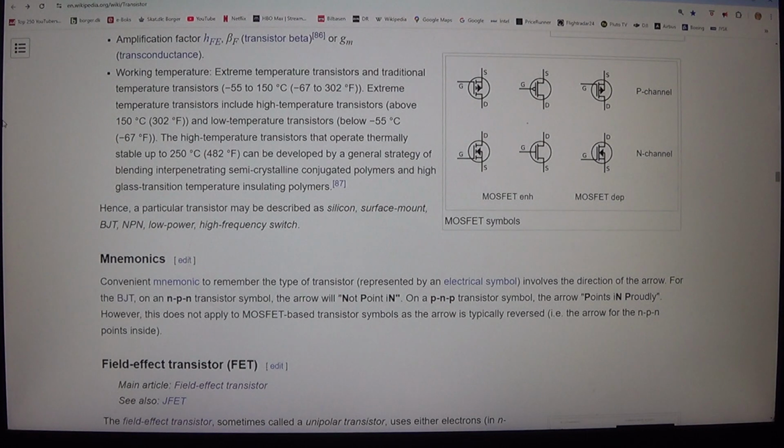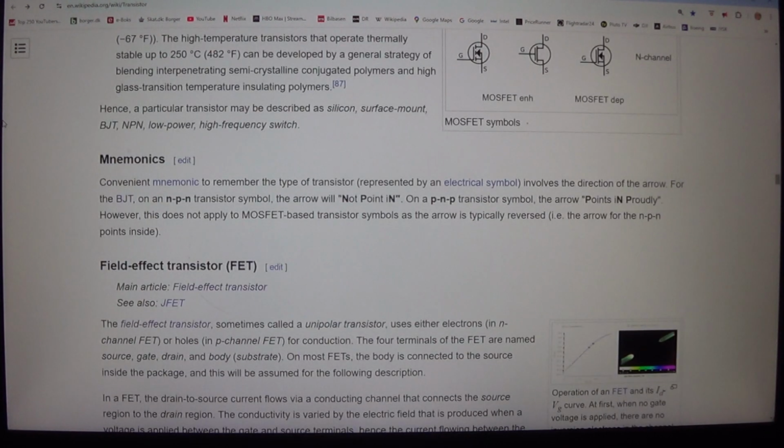Working temperature: extreme temperature transistors and traditional temperature transistors, minus 55 to 150 degrees Celsius, minus 67 to 302 degrees Fahrenheit. Extreme temperature transistors include high-temperature transistors, above 150 degrees Celsius, 302 degrees Fahrenheit, and low-temperature transistors, below minus 55 degrees C, minus 67 degrees F.